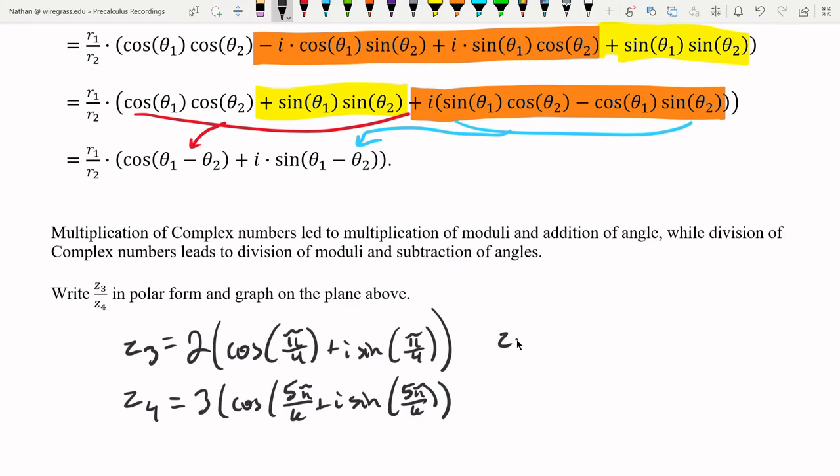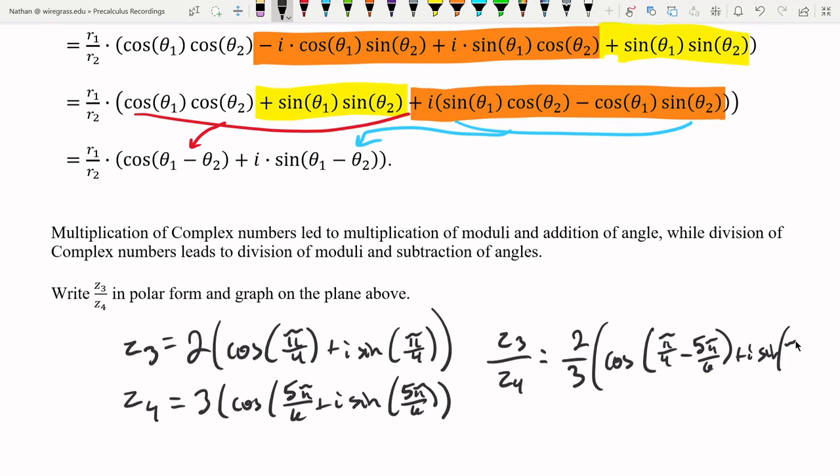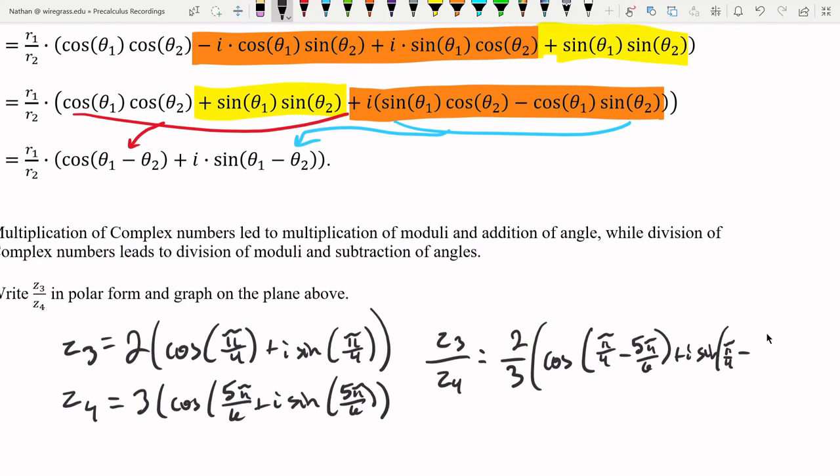So Z3 over Z4 is going to be the radii dividing each other, so 2/3. And then cosine of the top pi over 4 minus 5 pi over 6 plus I sine of pi over 4 minus 5 pi over 6.